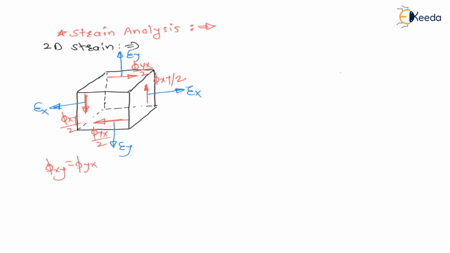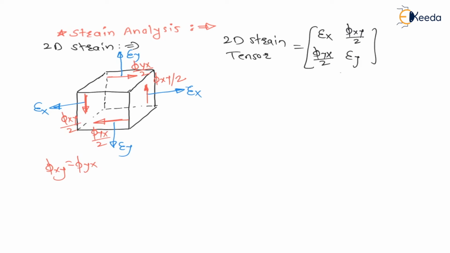Now the 2D strain tensor is nothing but Ex, phi xy by 2, phi yx by 2, and Ey. This is how we represent the 2D strain tensor, where phi xy is equal to phi yx.